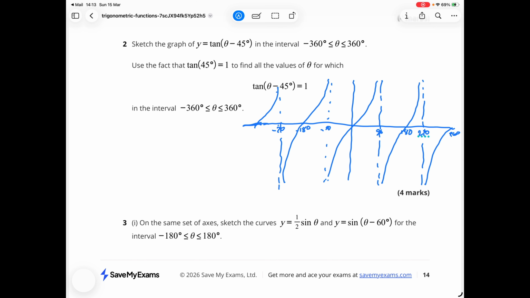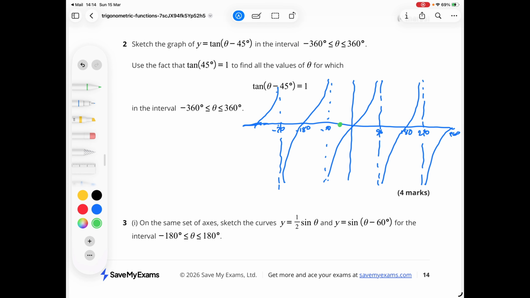Now, tan of theta minus 45. I can use another colour, so I'll use green. So theta minus 45 means that it's in the brackets, so we're now going to add on to where it would normally go through.